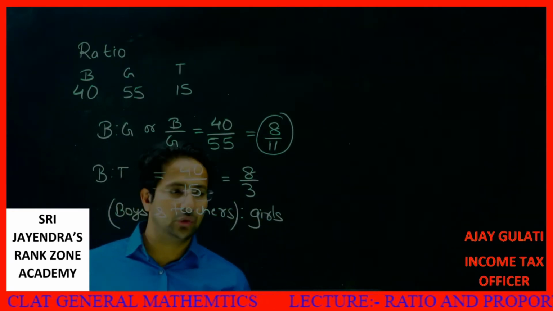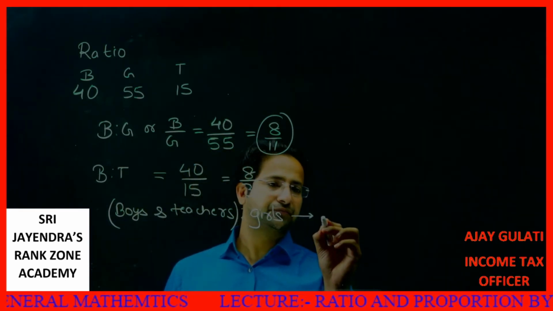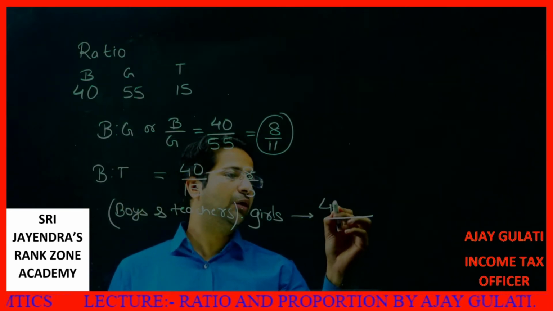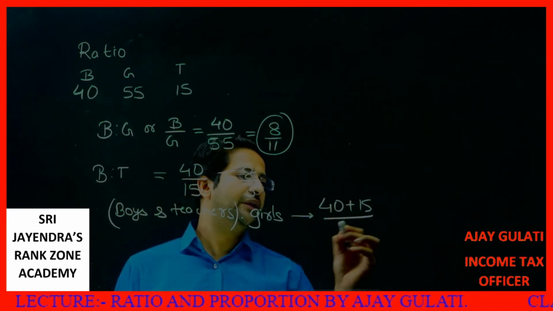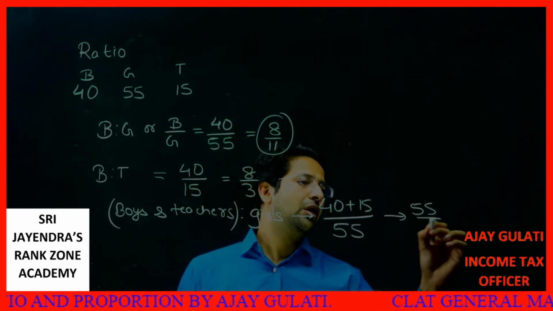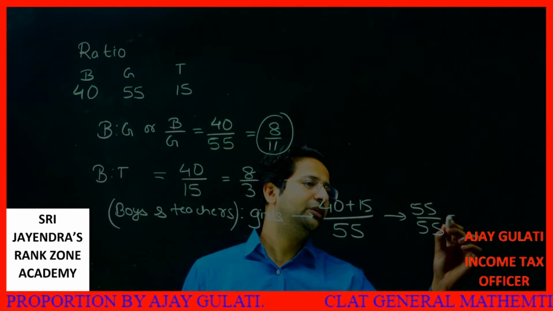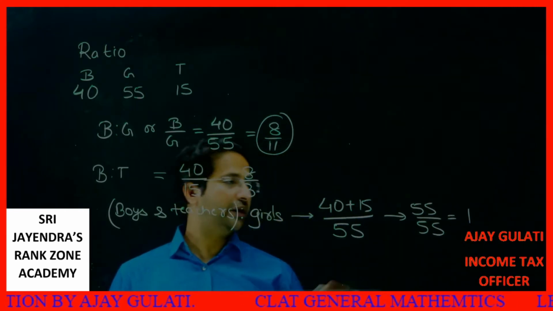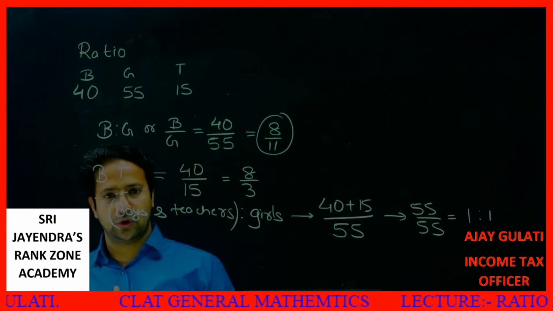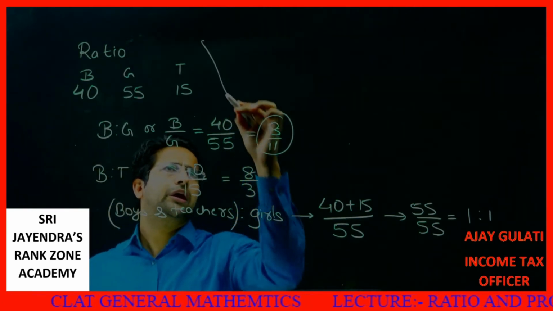Then boys and teachers: how many boys? 40. How many teachers? 15. How many girls? 55. This you can say 55 upon 55. Very easy to represent. This becomes 1 is to 1 is the ratio. I hope this is clear to all.